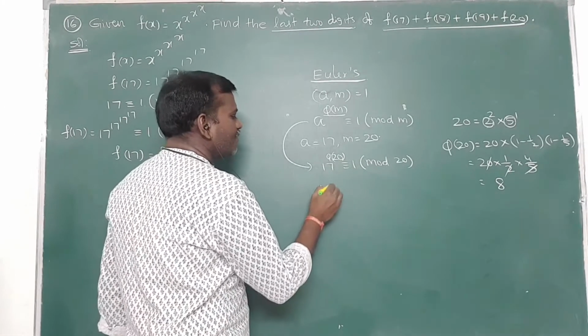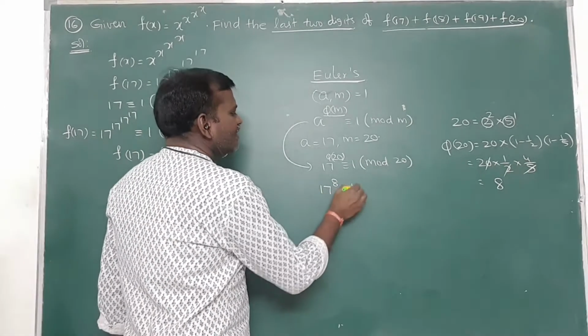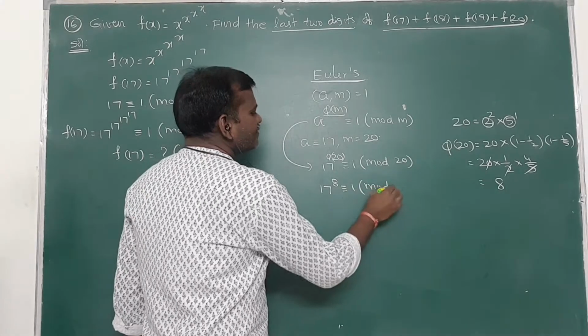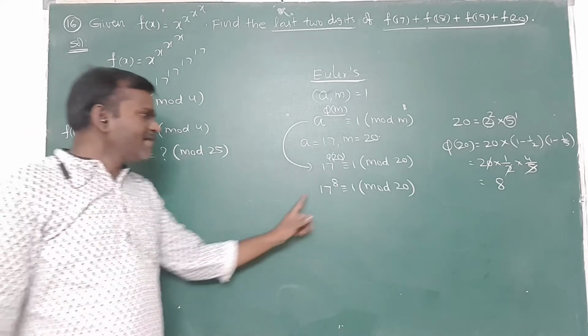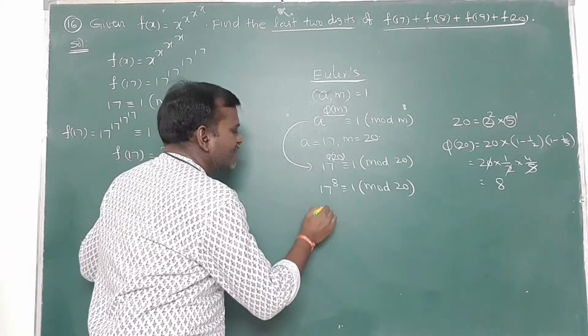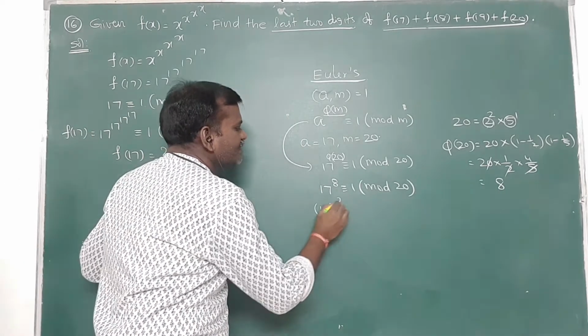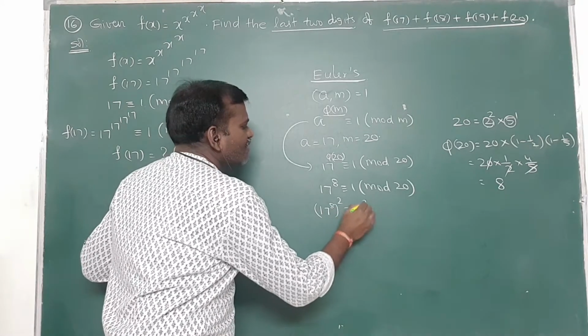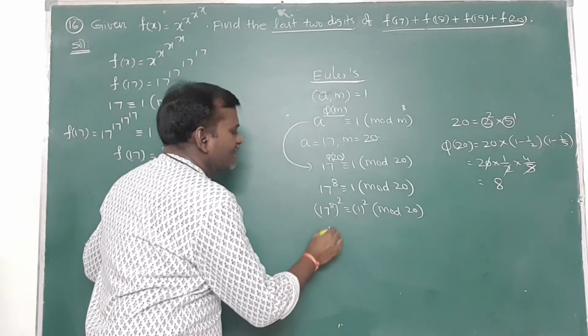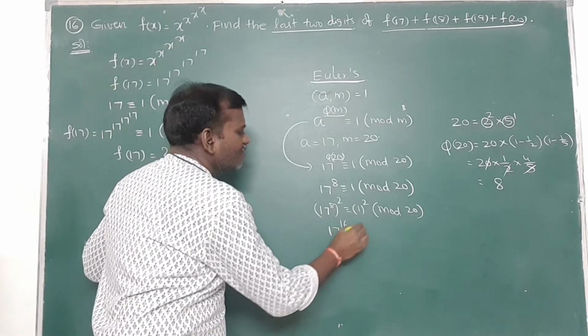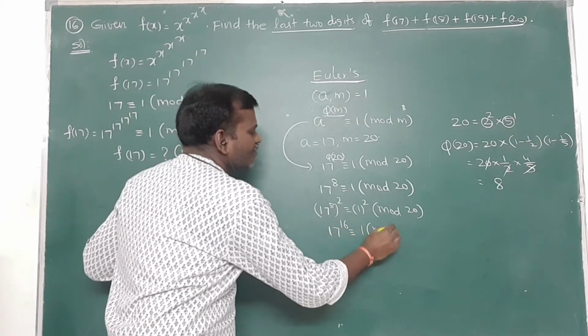That means 17 power 8 is congruent to 1 mod 20. So if 17 power 8 is squared, that means (17 power 8) whole square is congruent to 1 square mod 20. That means 17 power 16 is congruent to 1 mod 20.